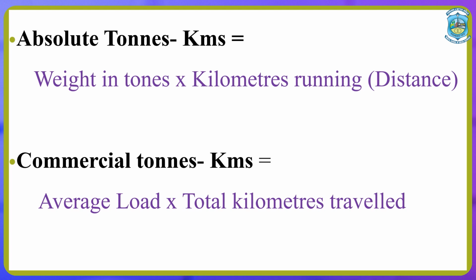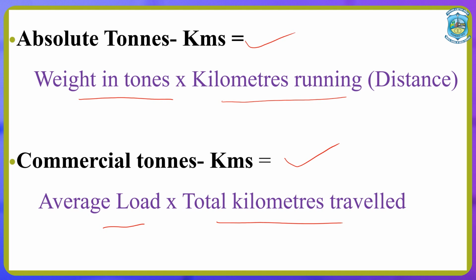First, absolute ton kilometers: weight in tons multiplied by kilometers running, meaning the distance covered by the vehicle multiplied by the weight carried by the vehicle. Second, commercial ton kilometers: average load multiplied by total kilometers traveled.